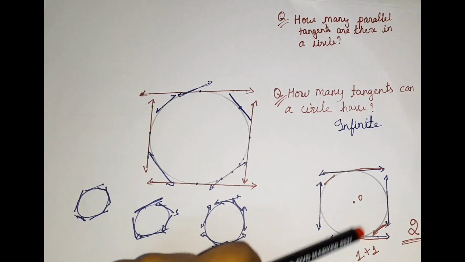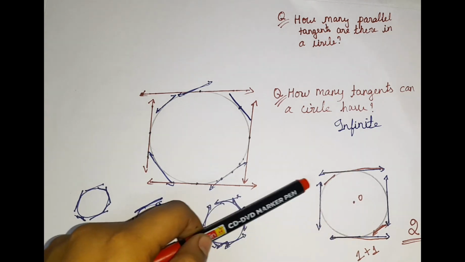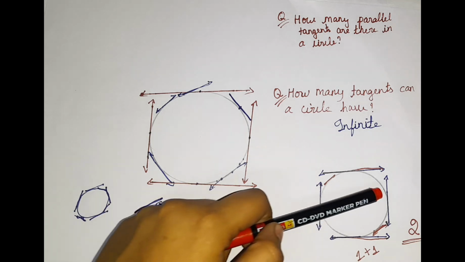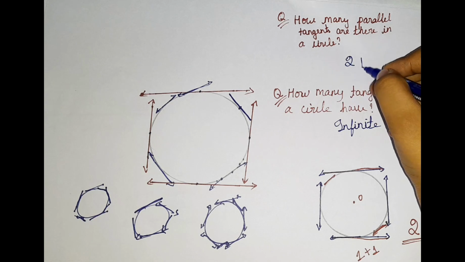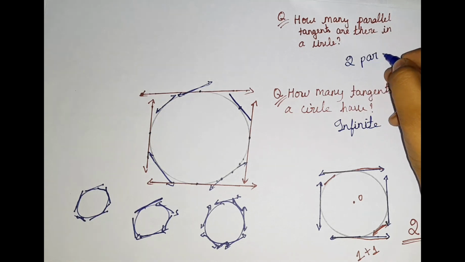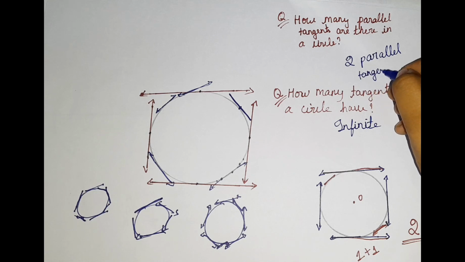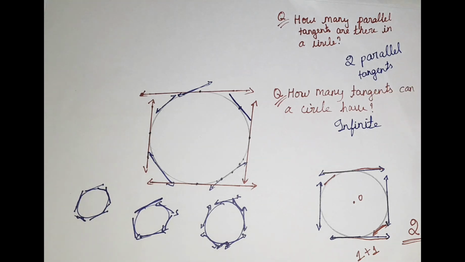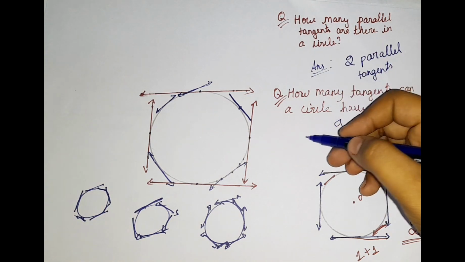Since this is parallel to this one, it is forming one parallel tangent pair, and since this tangent is parallel to this tangent, it is forming another. That's why there are 2 parallel tangents in a circle. So the answer is 2 parallel tangents. So this is the answer.